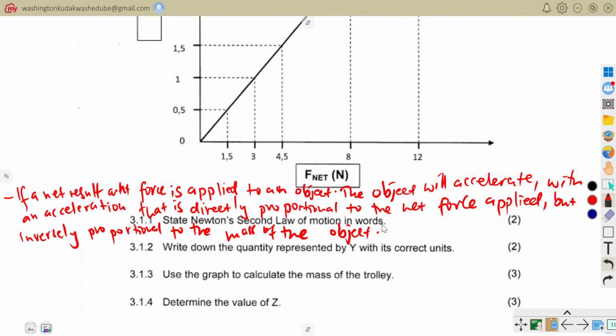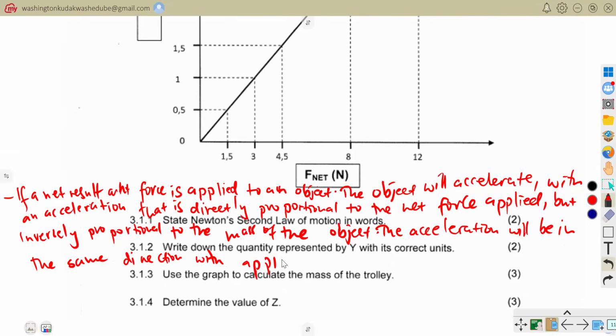So the acceleration will be in the same direction as the applied force.